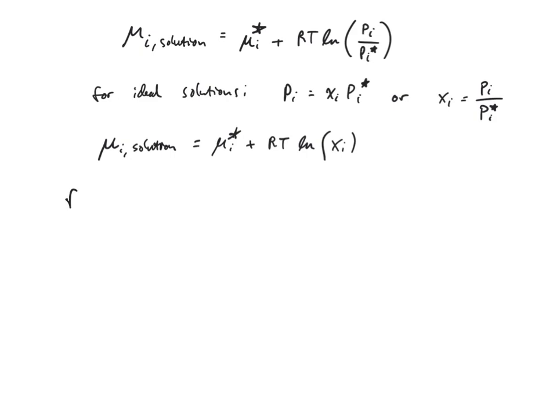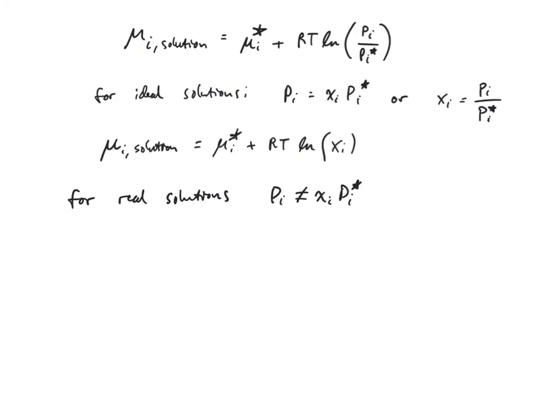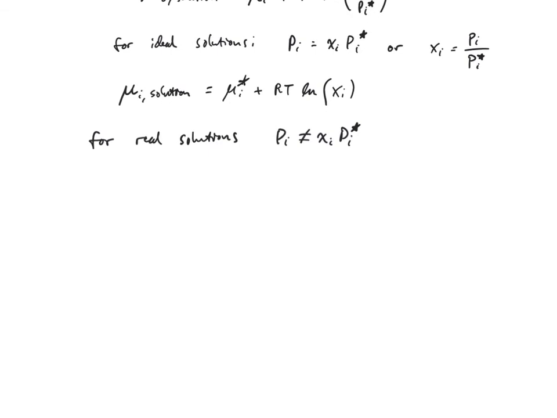However, our problem is that for real solutions, that partial pressure is not going to be equal to the mole fraction times that vapor pressure. So we're going to need to take an approach similar to what we did with fugacity and introduce activity.